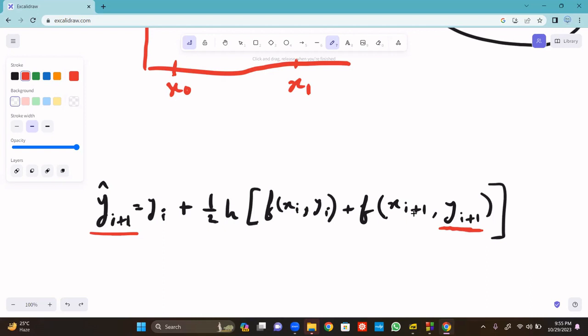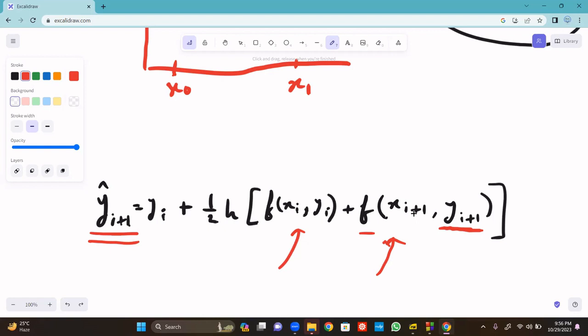That is, you actually know the expression for f because the initial value problem is given at the beginning, right? So put that expression here. So in the expression, we would have one or multiple yi plus 1s on the right hand side. We have one yi plus 1 on the left hand side. So make yi plus 1 subject of that equation.